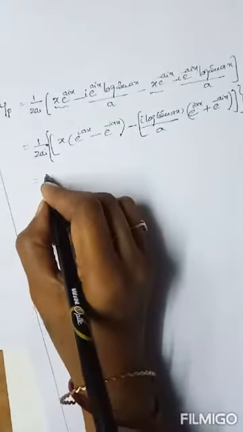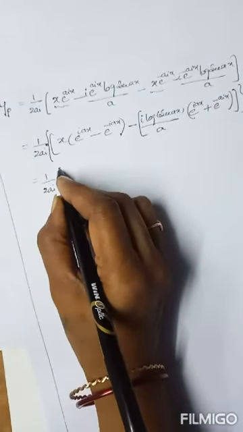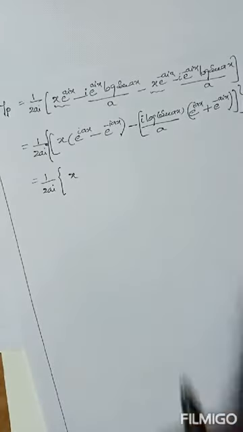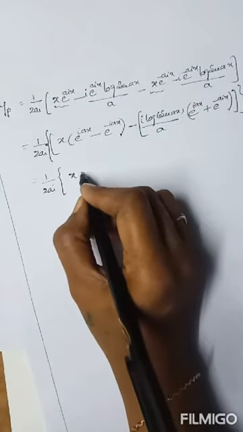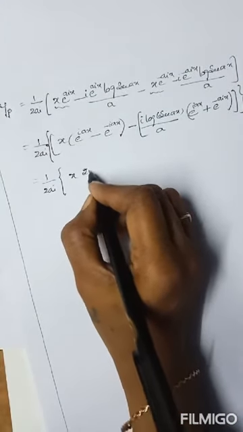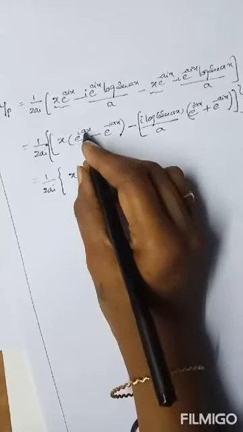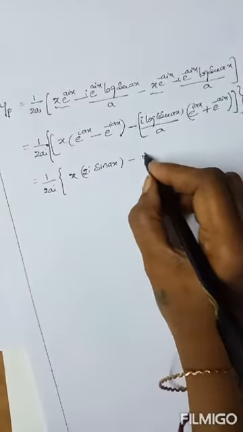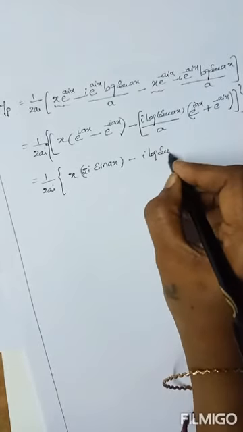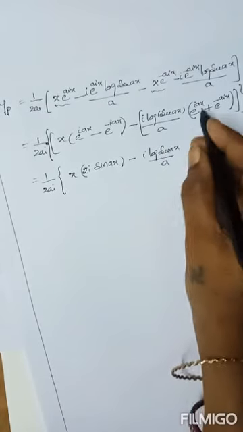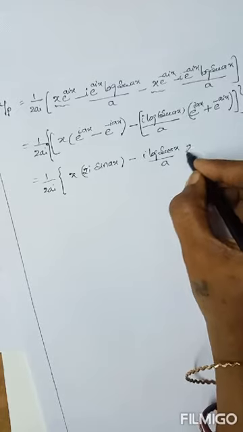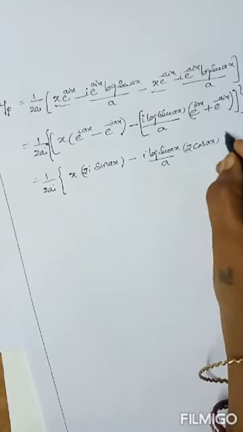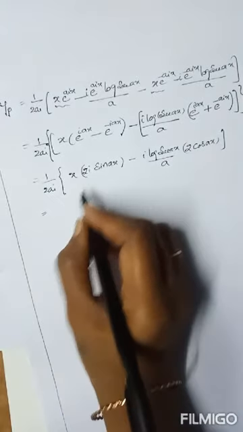After that, 1 by 2ai, x into, this is e power i theta form. e power i theta minus e power minus i theta is 2i sin theta, theta is here ax, minus i log secant of ax by a, e power i theta plus e power minus i theta is 2 cos theta, cos theta is ax.